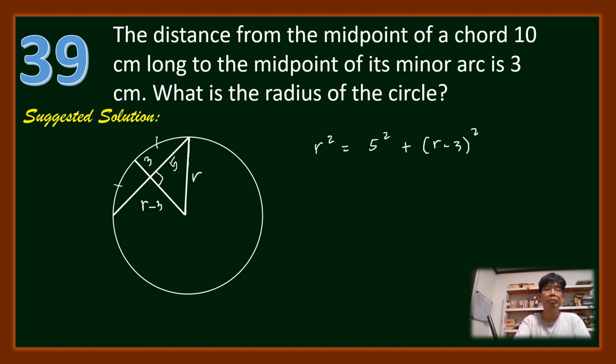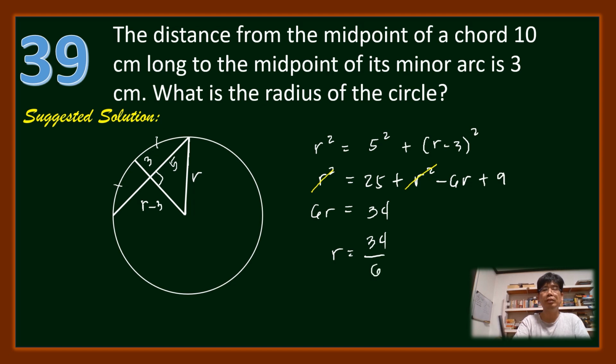So from here, we can get the value of r. r squared is equal to 25 plus r squared minus 6r plus 9. r squared minus r squared is 0. Then we add 6r to both sides of the equation. We'll have 6r is equal to 25 plus 9 is 34. So r is equal to 34 over 6, or 17 over 3 centimeters.